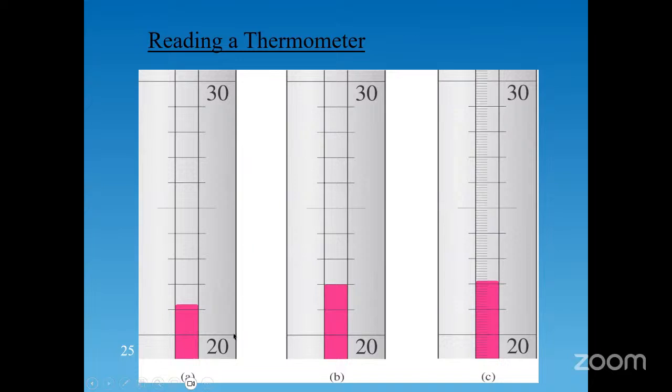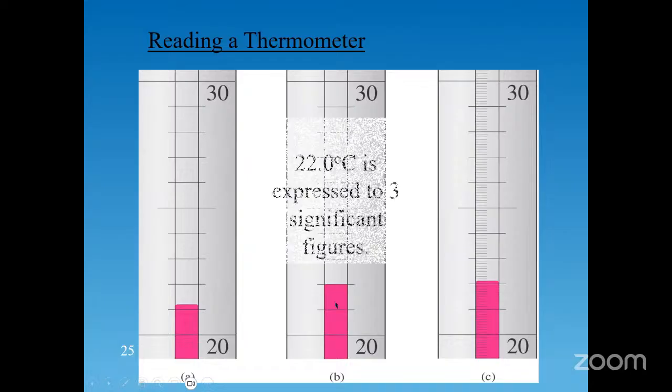So it's not enough for you to say 22. You'd have to estimate a digit after the 22. And by our estimation, it looks like that digit would be 0. So in this case, the registered temperature would be 22.0, again expressing your temperature to 3 significant digits, as we did in the case of thermometer A, all right?